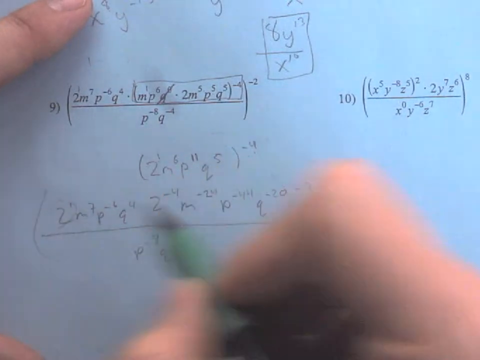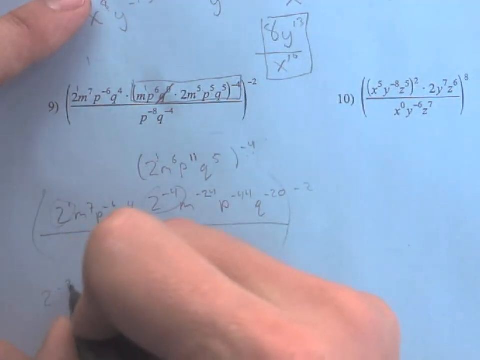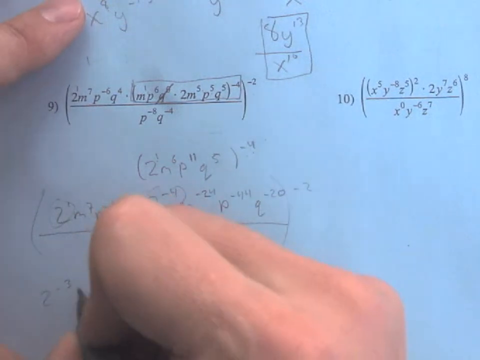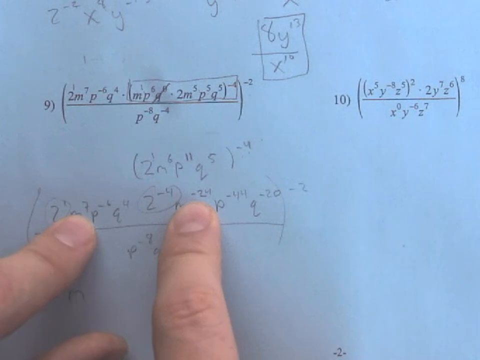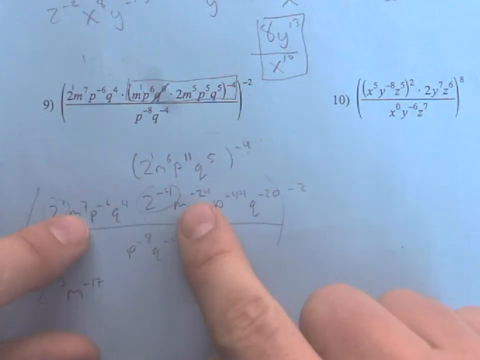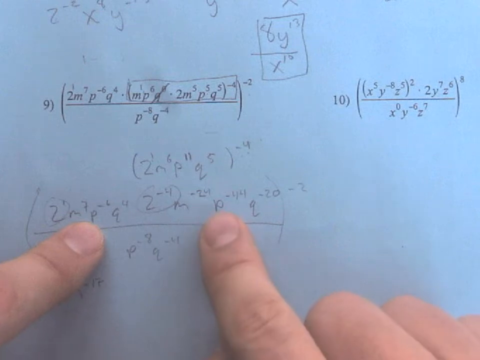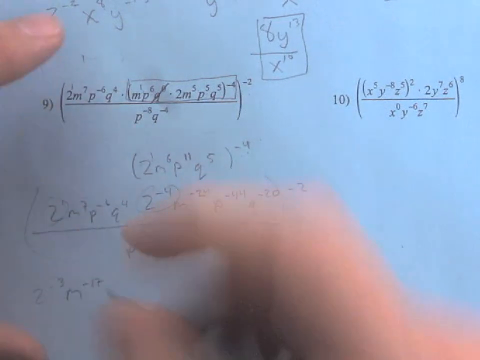Let's find all the numbers. Add the exponents, that's 2 to the negative 3. Okay, let's find all the m's. There's a 7 and a negative 24. When we add those together, that's going to be negative 17. We got some p's, so put those together, we're going to get negative 50.